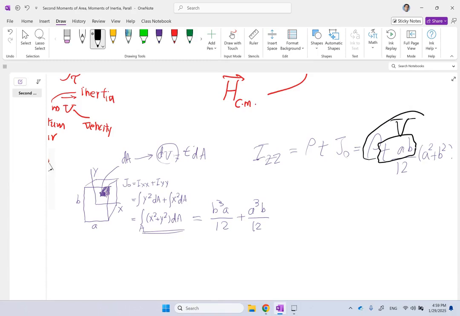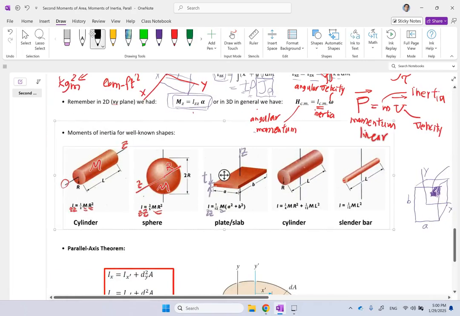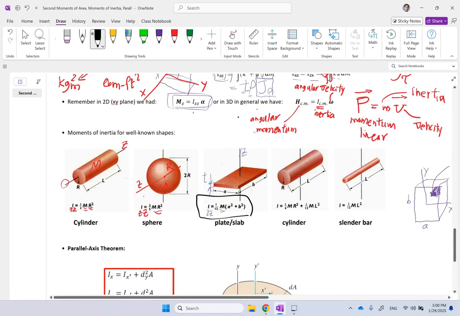Multiply by rho, that's the whole mass. So the formula is going to be M over 12 times A squared plus B squared. Guess what? That's here. You see? So you clearly see how you can go from one to the other.